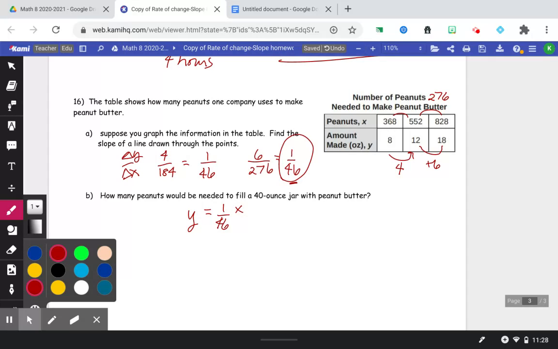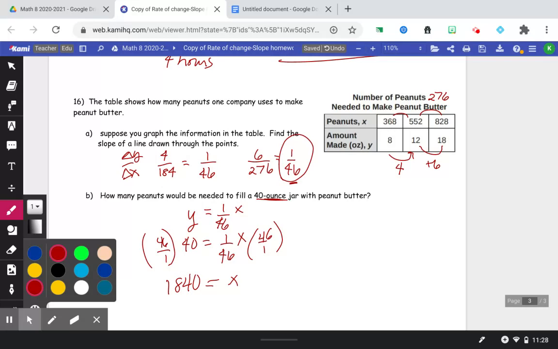Okay, and it's saying how many peanuts would be needed to fill a 40-ounce jar. Y is your ounces. I could put 40 in for y and now solve this equation. If I want to get x by itself, I would multiply both sides by the reciprocal, and I would find out that I would need 1,840 peanuts.